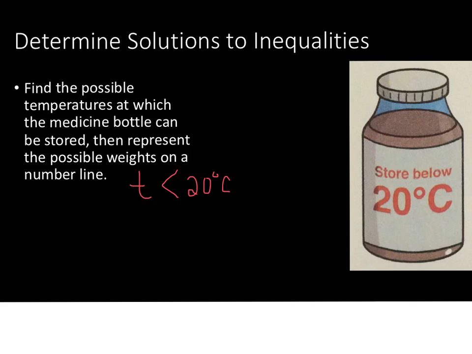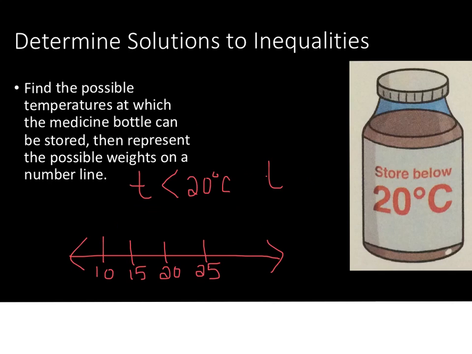So when I plot this on a number line, I'm going to go ahead and start. I'll count by 5, so we'll go 10, 15, 20, 25. It has to be less than 20, which means it can't be at 20.